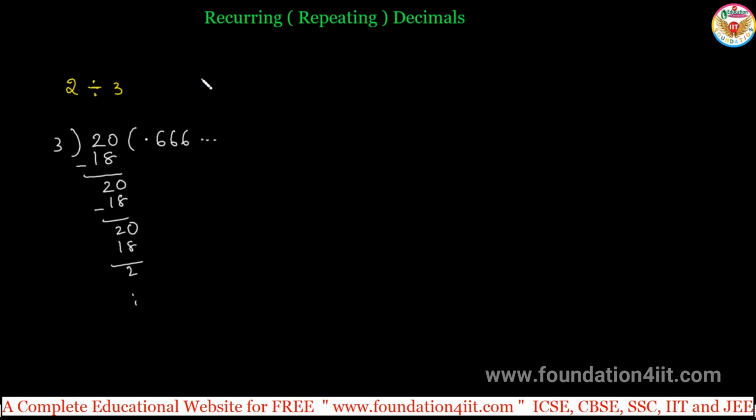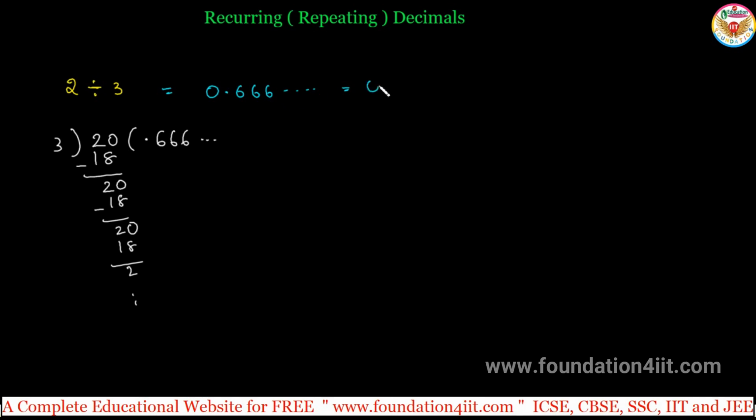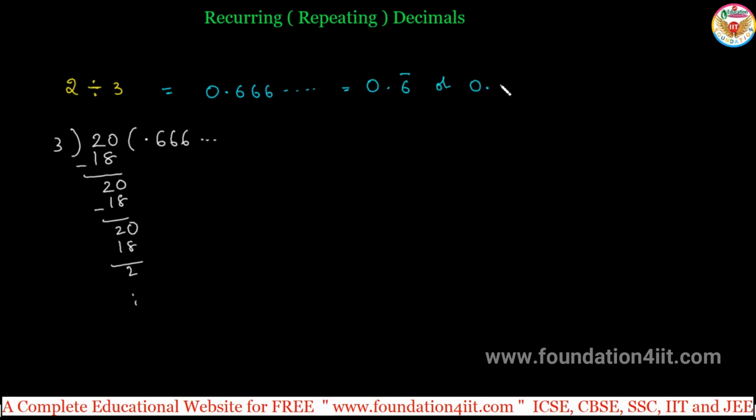So the answer of 2 divided by 3 is 0.666 and so on. Instead of writing the 6 infinite times, we will write 0.6 with a small bar on it, which is repeating. Only 6 is repeating. Even some books use a small dot also.